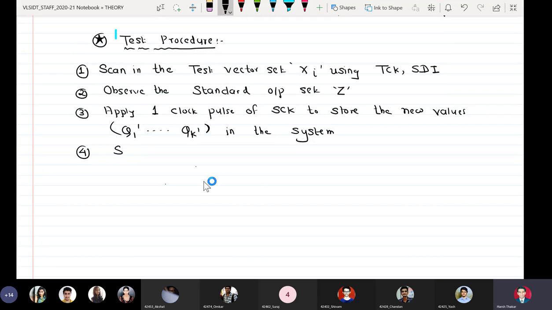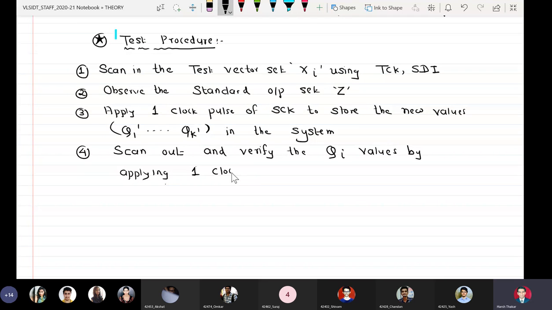Scan out and verify values by applying one pulse of TCK.